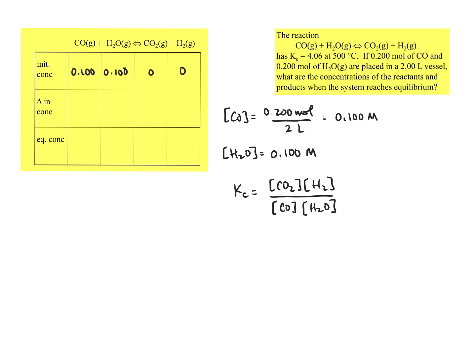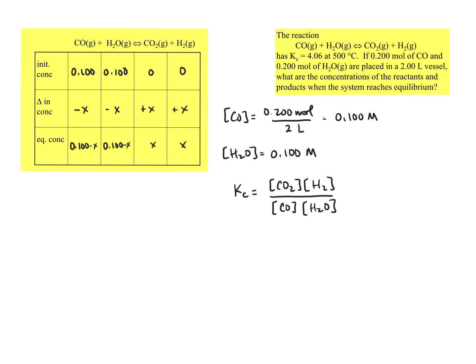Okay, so we don't know how much this is going to go up and down by, so we're going to go ahead and say that this is going to go up by a factor of x. And again, because of the 1-to-1 ratio, these all go down by minus x. So that's 0.100 minus x, and then that would be x and x.